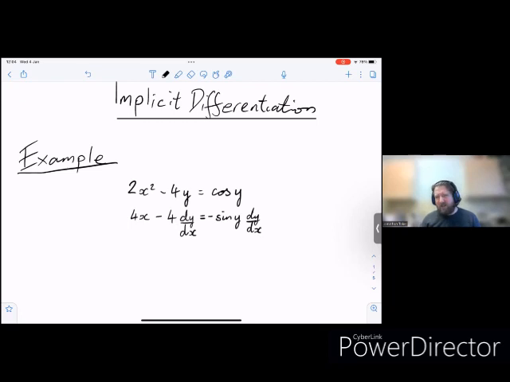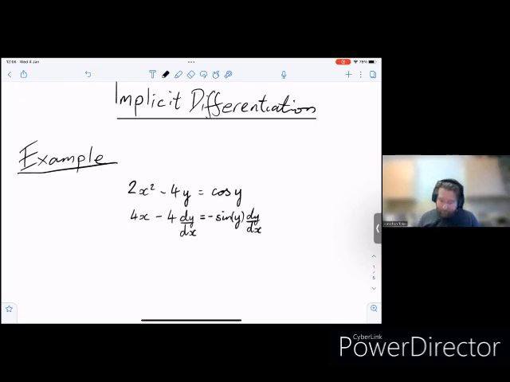It might look slightly ambiguous there, so it might be worth either putting the dy by dx in front of the sine y, or just adding some brackets around the y, just to make it clear that the dy by dx is not in the argument of sine. We are just multiplying afterwards. And similarly, if you differentiate e to the power of something to do with y, when you write down the dy by dx, it doesn't go into the power of e, you just multiply it.